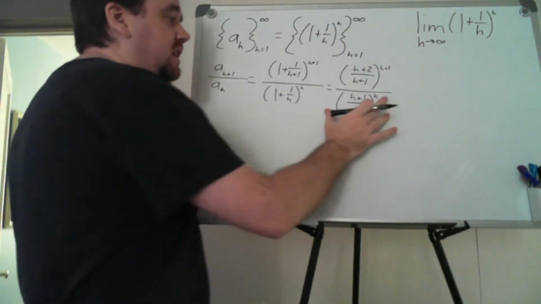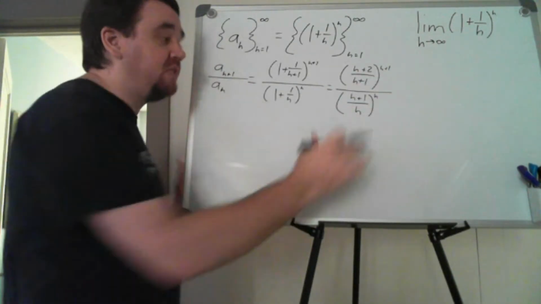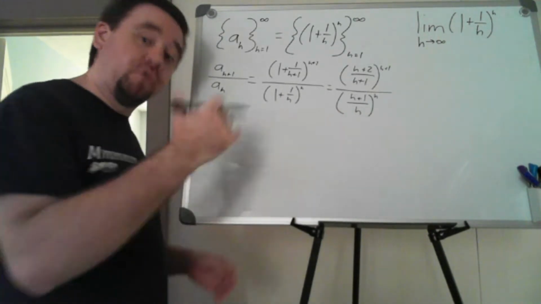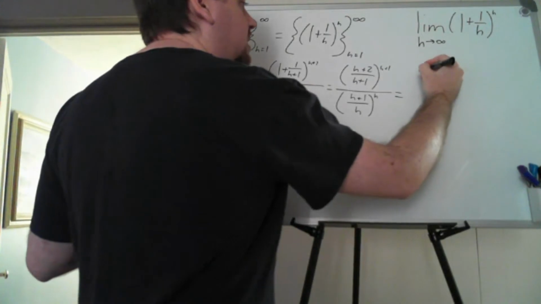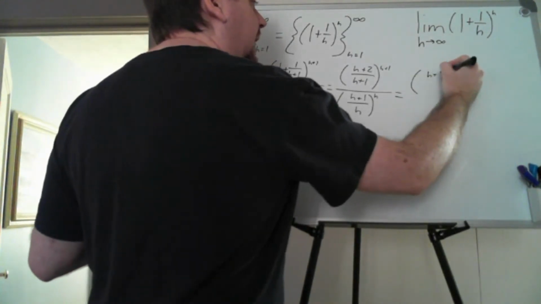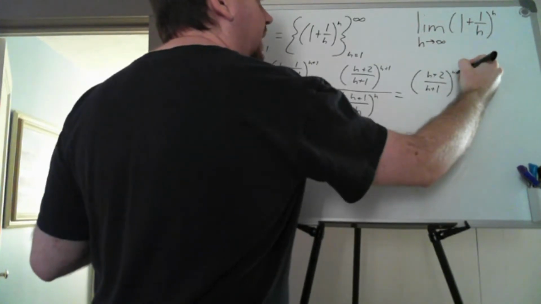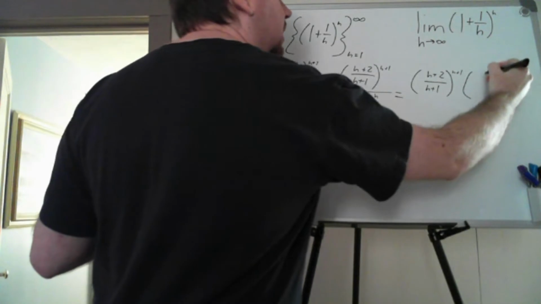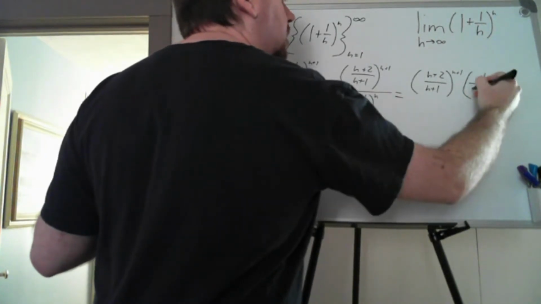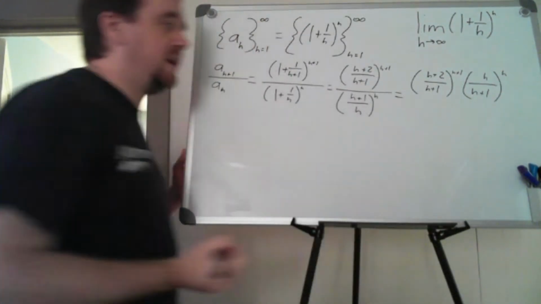So I can really think about this as, instead of divided by this fraction, as multiplied by the reciprocal of this fraction. Remember, reciprocal means to flip. So this is no different than, I still have h plus 2 over h plus 1 to the power of h plus 1, now times the reciprocal here, h over h plus 1, all to the power of h.